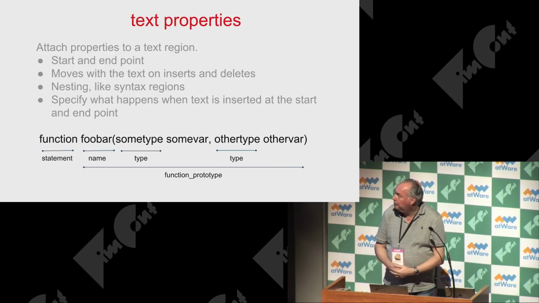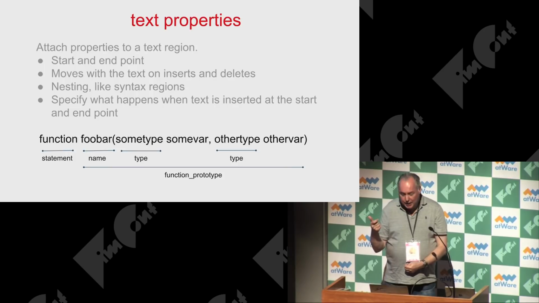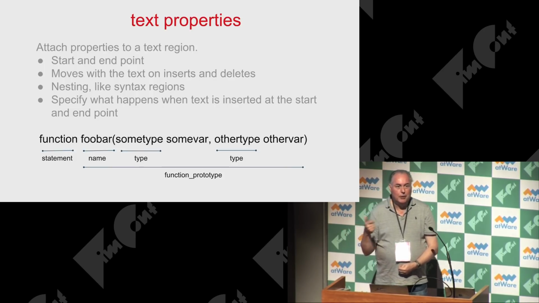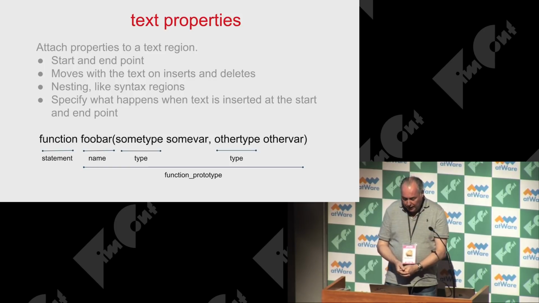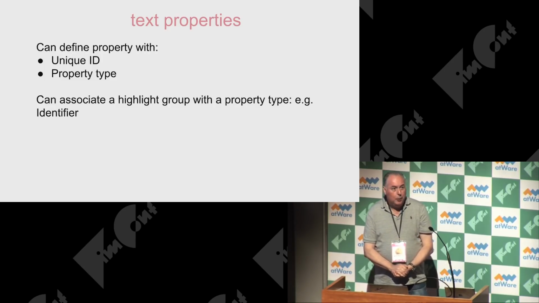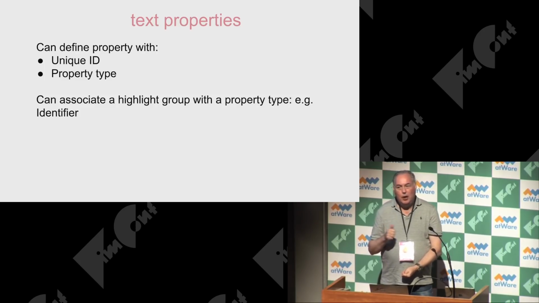And this is some way to illustrate it. So you could say function, you attach the property statement, and some type or other type, you attach the property type. And that's how it would work. Now, every text property, I think, should have a unique ID. So you can always find it.